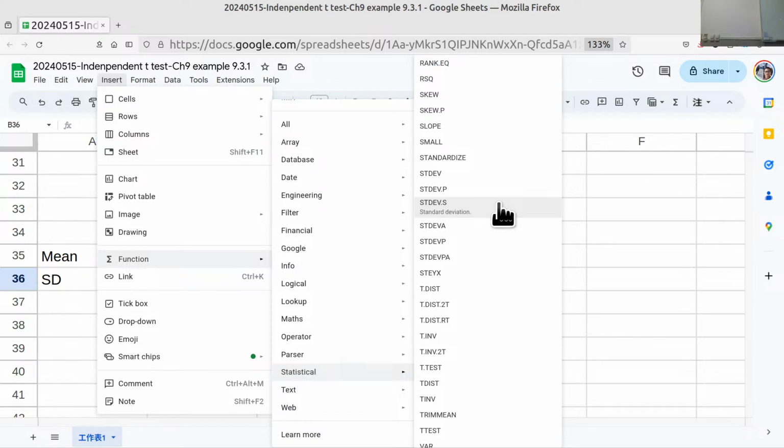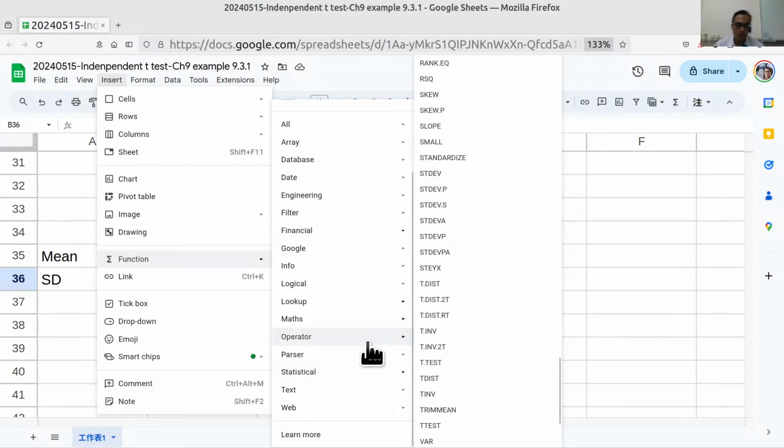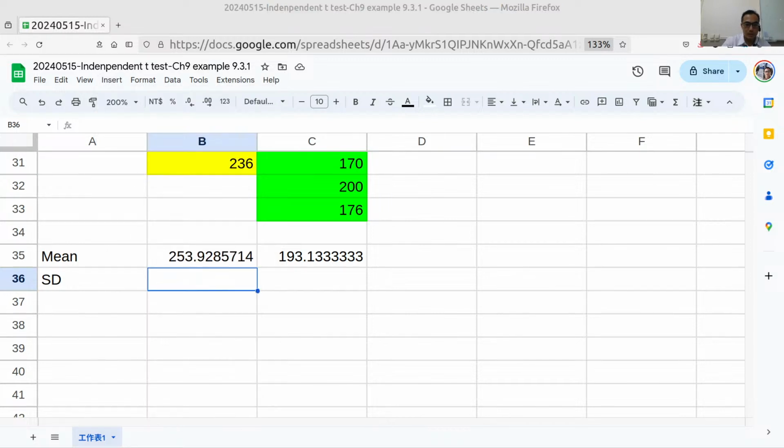Okay, sorry, let me do it again. Let me show it again. For the population and for the samples, the standard deviation is a square root.